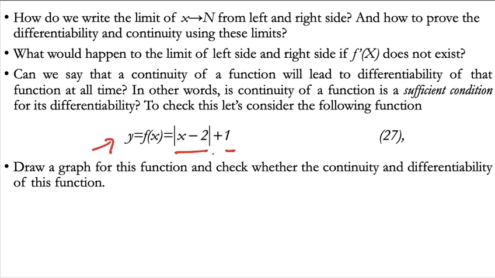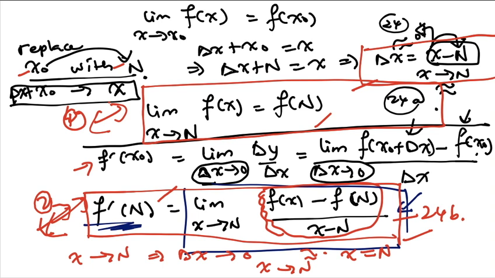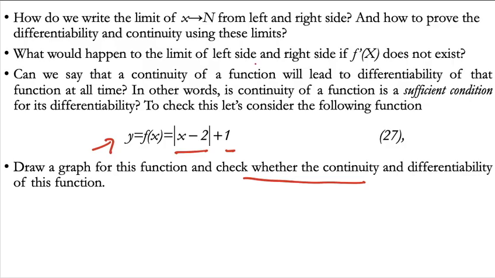You can see the method shown in the textbook, and then you need to check whether the continuity and differentiability of this function exist or not. You need to check like the way I checked for a very generic function like this. So it becomes tedious, isn't it? That's why you need to really understand this concept in order to do the exercise for expression 27 here.